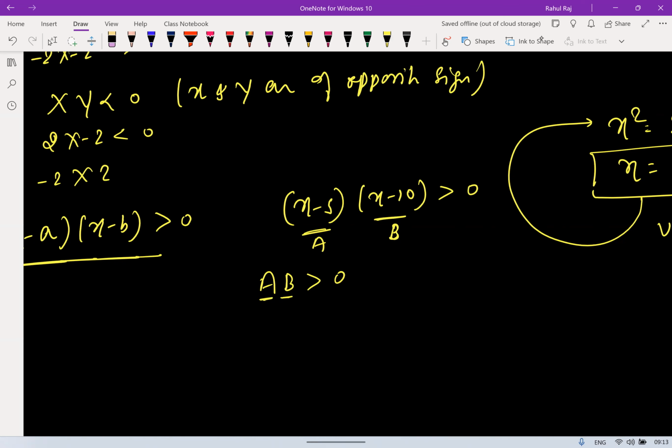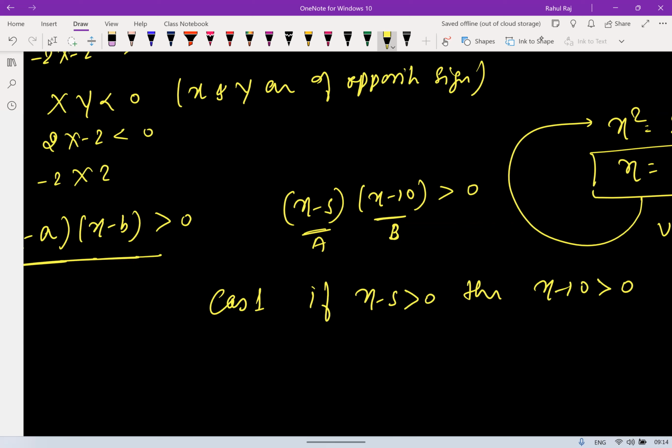So imagine I have here case 1. I'll take when both are positive. If A is positive, B should also be positive. So if x minus 5 is greater than 0, then can I say x minus 10 should be greater than 0? Because if A is positive, B has to be positive.